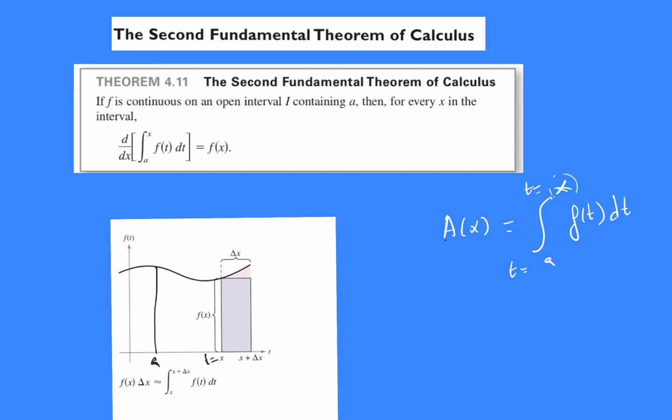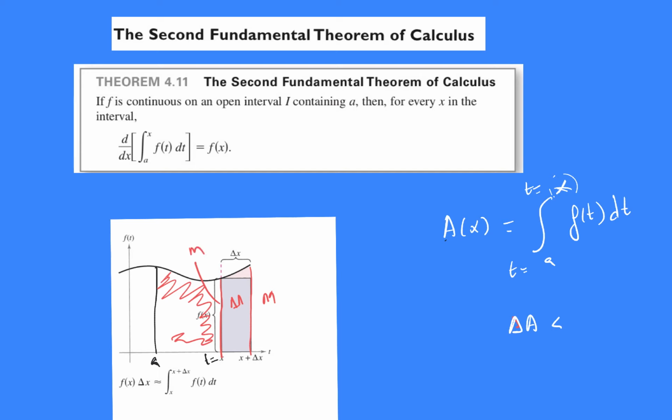Initially, the area from a to x was like this. Now, if I move the point, the area will change by a certain amount, that is the change in the area. On this interval from x to x plus delta x, the function will have a maximum, let's say this is the maximum value M, and a minimum, let's say this is the minimum value m.